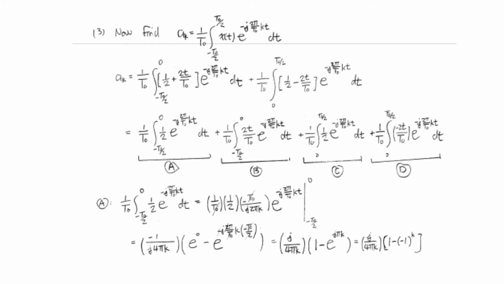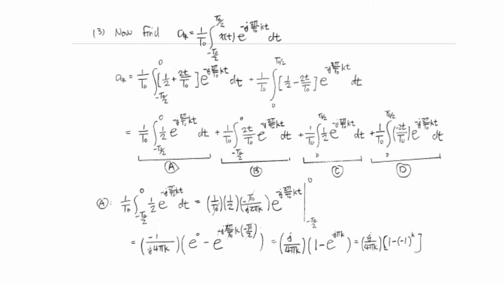The second part goes from 0 to T0 over 2. It's a similar equation for the straight line, just a negative slope, so same offset, but we now have a negative slope of 2 over T0. And then this exponential is the same as what was up here, integrated as a function of t.